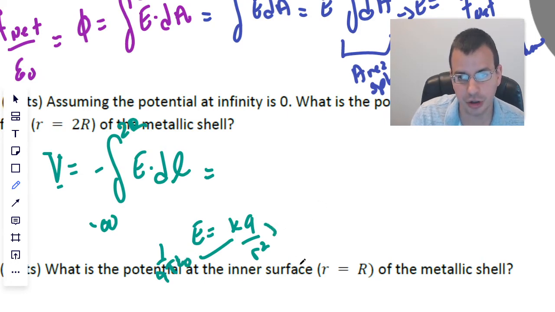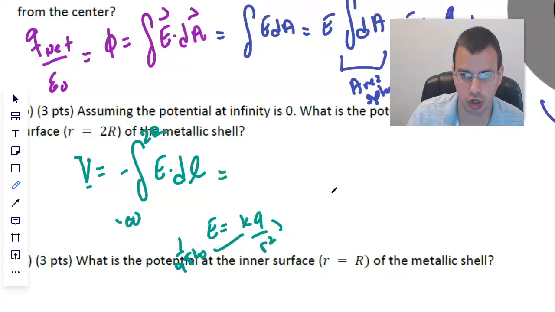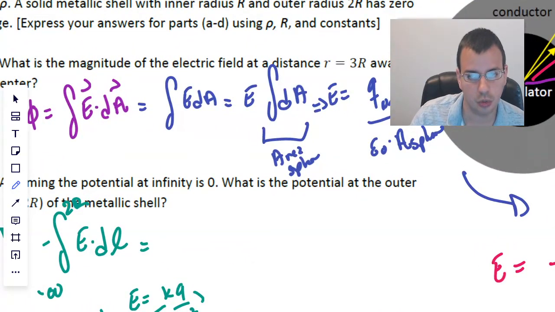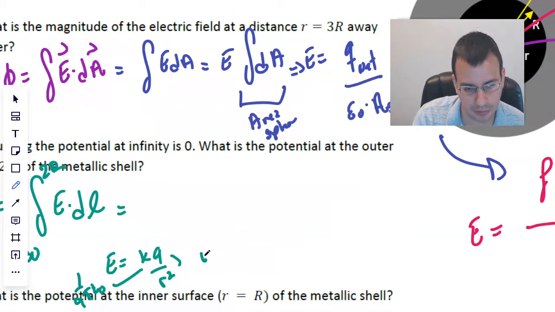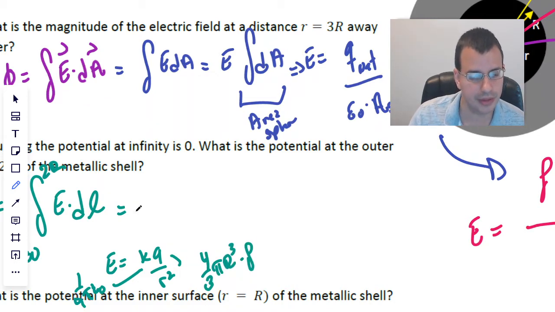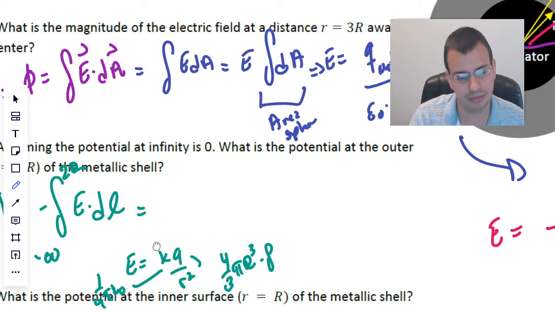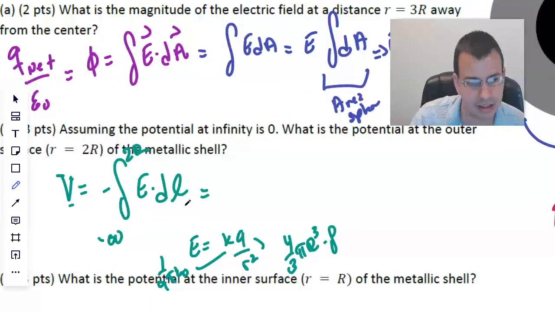And Q is going to be the charge of the inner sphere, which is the volume, 4/3 pi big R cubed, times rho. Those are all going to be constants. So I'm going to rewrite this.